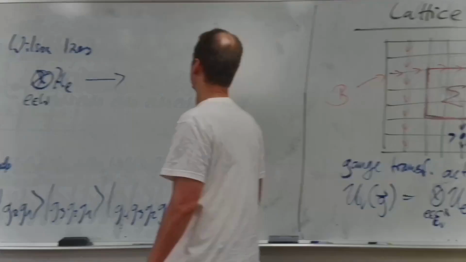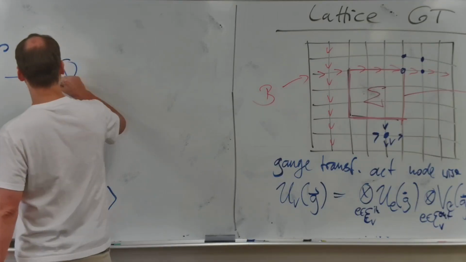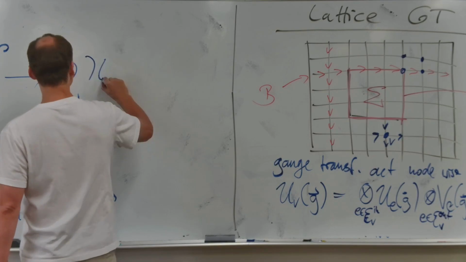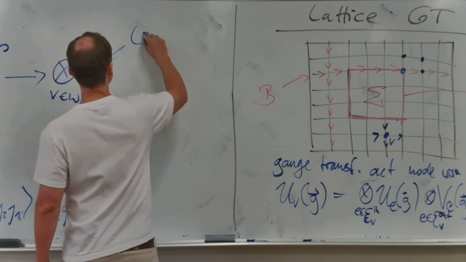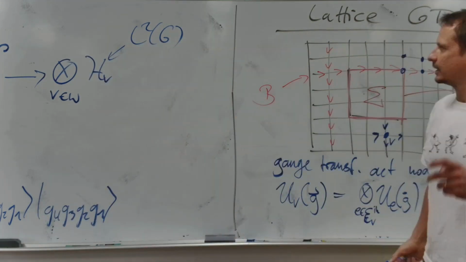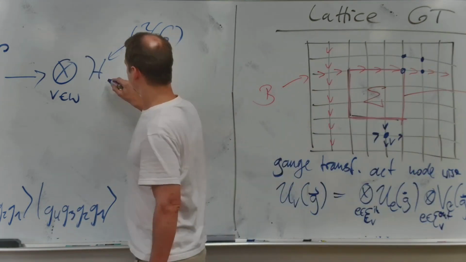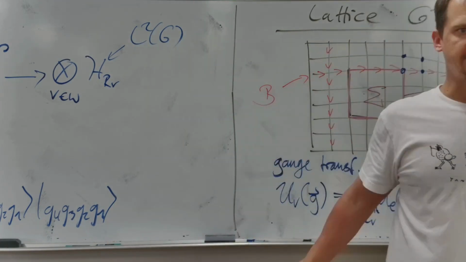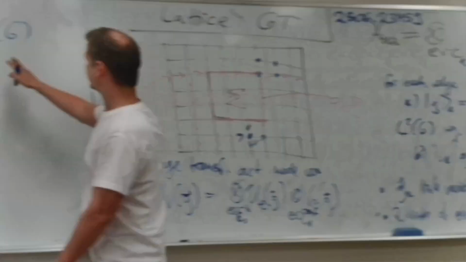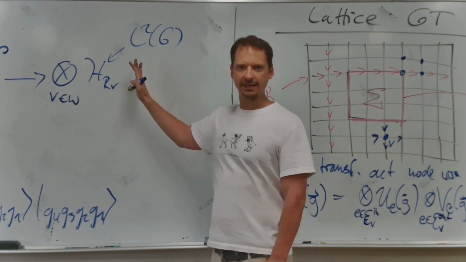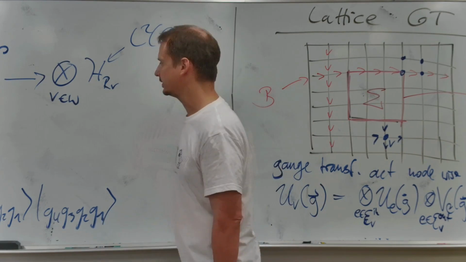Okay, so E and W, and then you have an H_V, and each one of them is still a copy of that. Or really, let's call it R_V because it's the reference frame at the node V. And the point is it's L2 over G, it's a regular representation. So it means it's actually an ideal point reference frame.